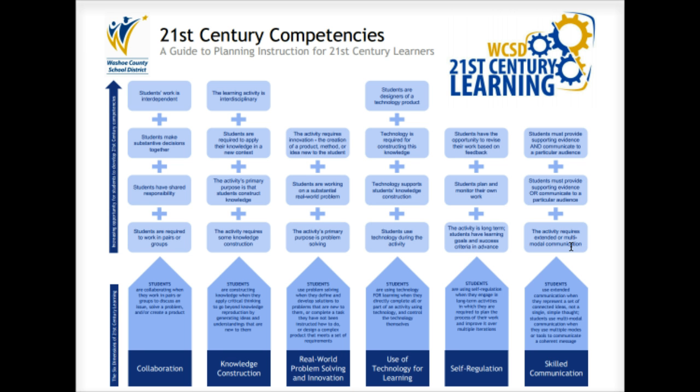If they say yes, I think my activity does, they move up to the next one: students must provide supporting evidence or communicate to a particular audience. If they can say yes to that, they move up to the third one and look at this criteria: students must provide supporting evidence and communicate to a particular audience.